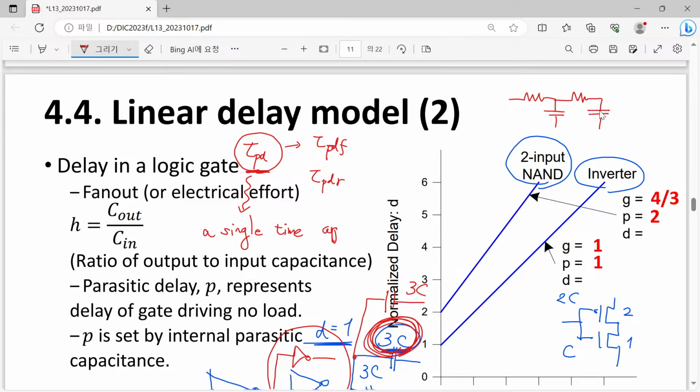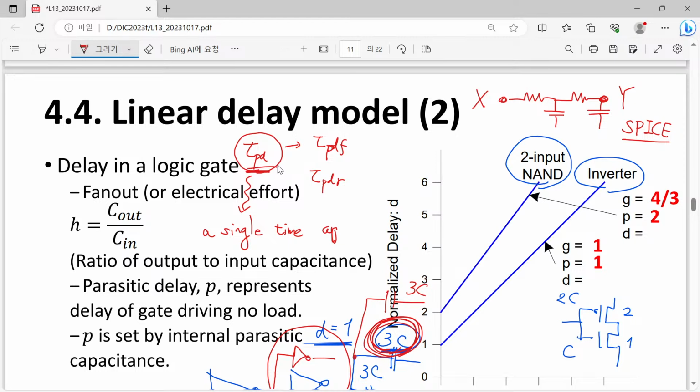If we wanted to know the propagation delay from our X node to Y node, then in order to accurately calculate this tau PD, we must run a SPICE simulation and measure the transition points.